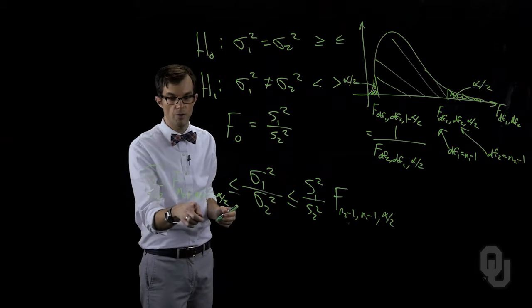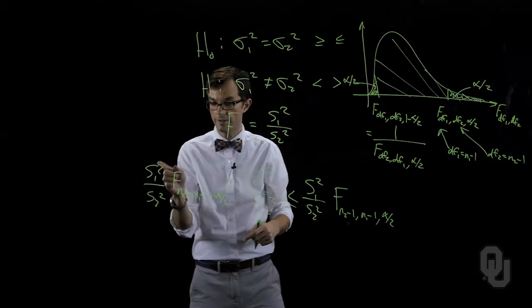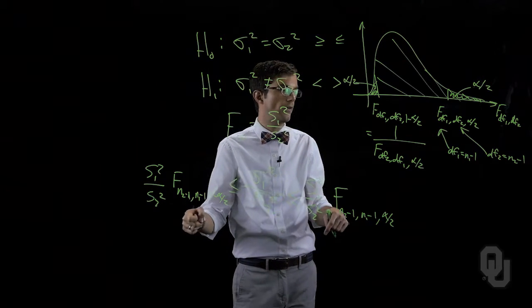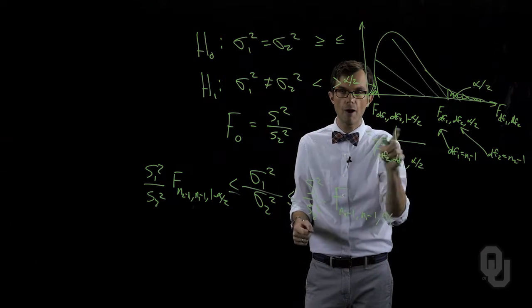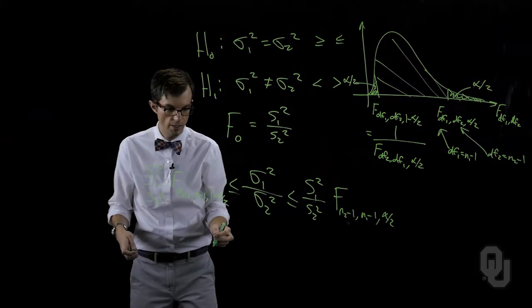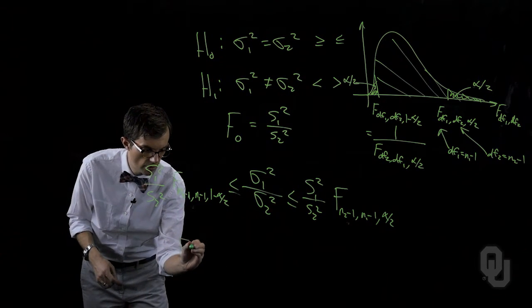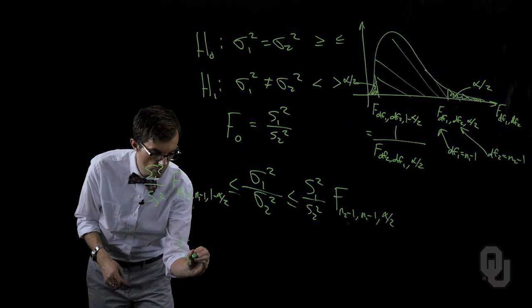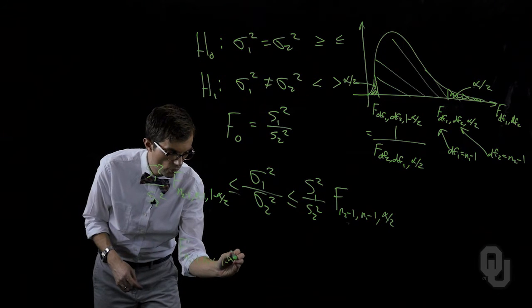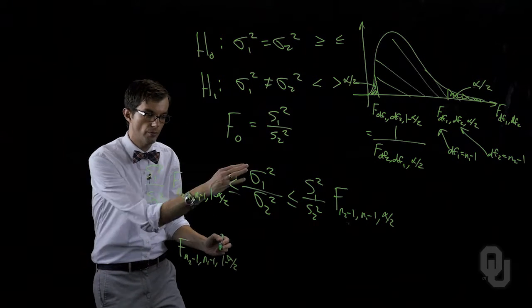How do we find this? Using the table in the back of the book, or in the tables that are provided, we've got this property. So we could easily find this. That would be F with n2 minus 1, comma, n1 minus 1 for 1 minus alpha over 2 in the upper tail.